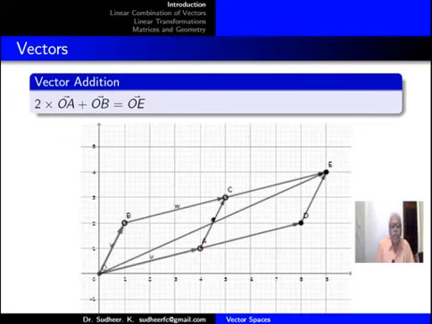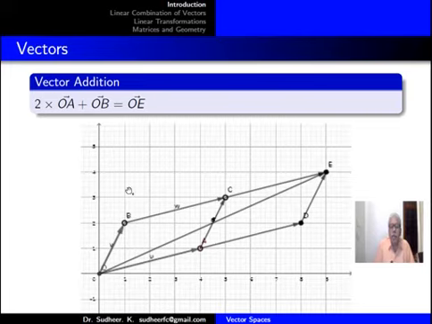Suppose you have the vector addition 2OA plus OB. So OA is the vector u. 2 times OA means the direction will be same as that of OA and magnitude will be twice that of the vector OA. So you get the vector OD, and OB is the vector we have considered earlier.